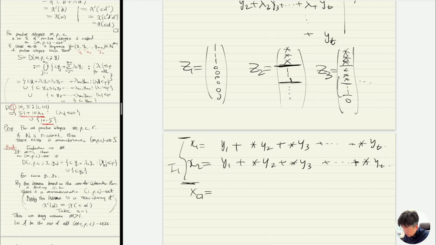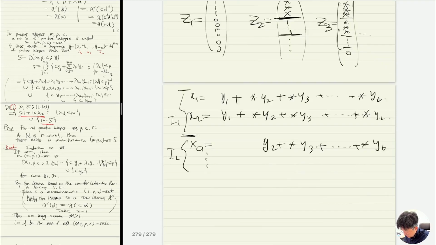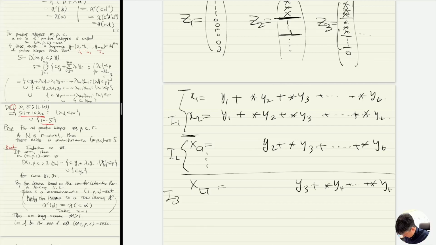Now you no longer have anything from G1, right? Then it's going to be y2 plus star y3, star y4, up to star yt, and you continue. That's until I2. And then when you have hit I3, then it's going to be y3 plus star y4 up to yt, right?